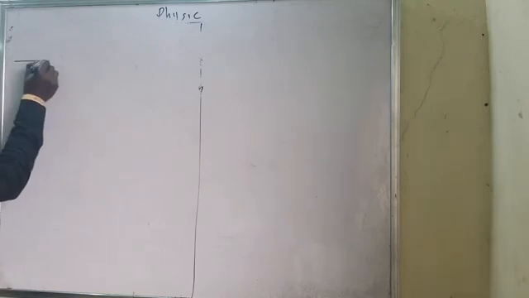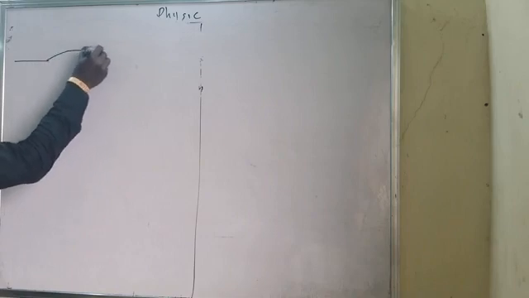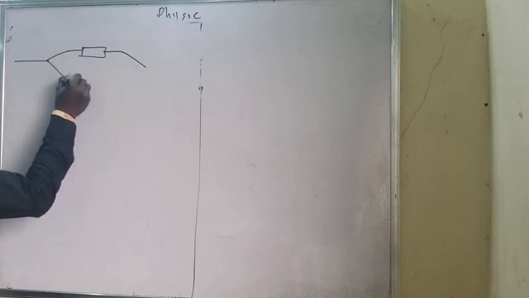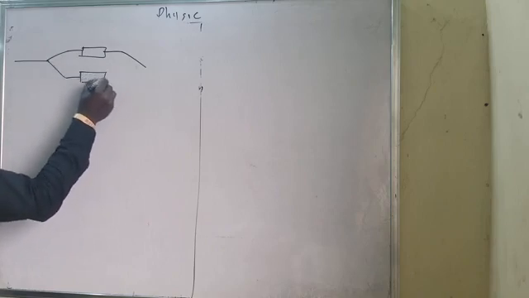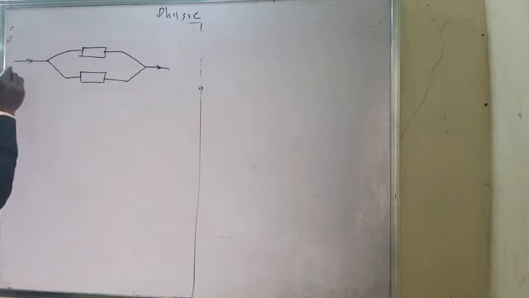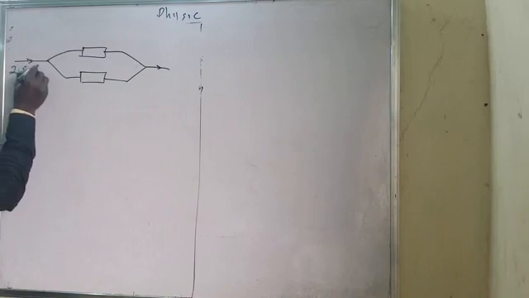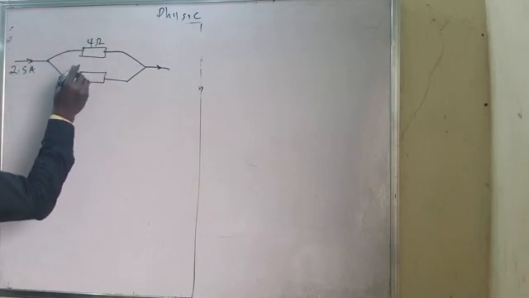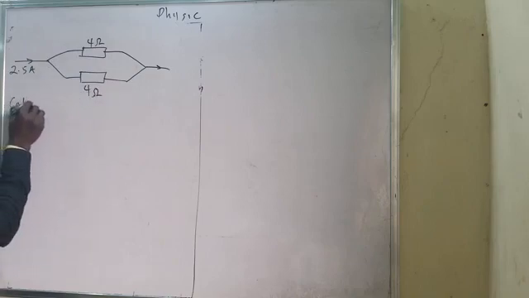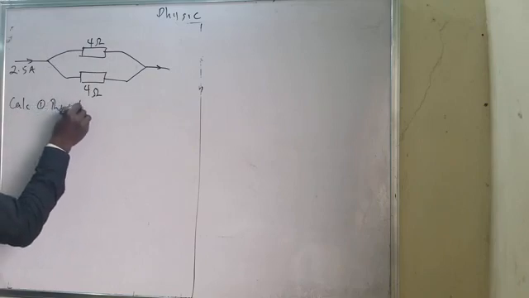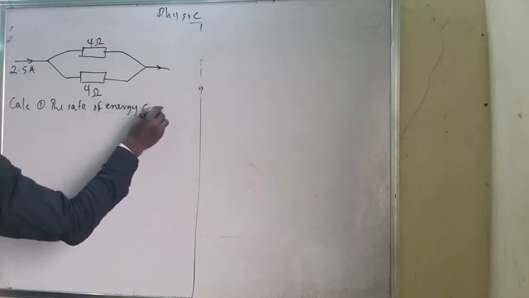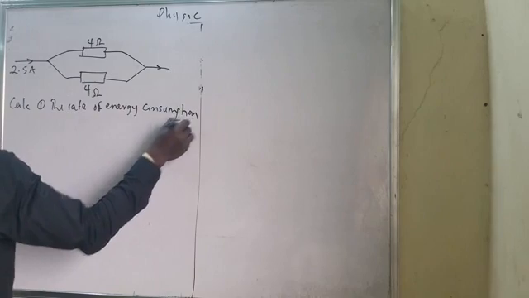Now I have this circuit. It flows this way, it flows this way. Now 2.5 ampere. This is 4 ohms. This is 4 ohms. Now calculate one, the rate of energy consumption.